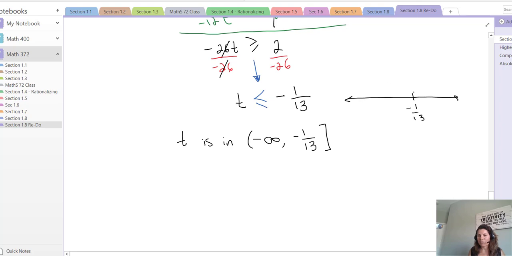Again, there's no reason to put a 0 on the number line. Only put the values that show up from your inequality. Less than means we shade to the left. If I put a circle on that, is it open or closed? It does have the equals, which means t can equal negative 1 over 13, so we fill it in. Or you can put a bracket there.